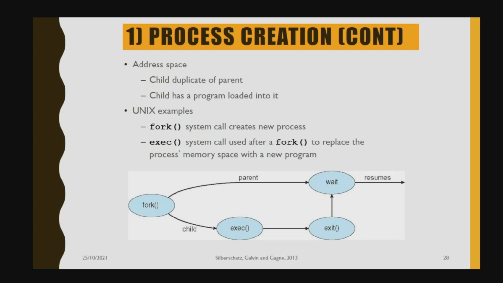The exec system call is used after a fork to replace the process memory space with a new program. So it looks like this diagram. We have fork, we have exec. The parent and children need to wait, then exec, and after exec we can exit. So fork creates a new process, and exec means we execute the process.